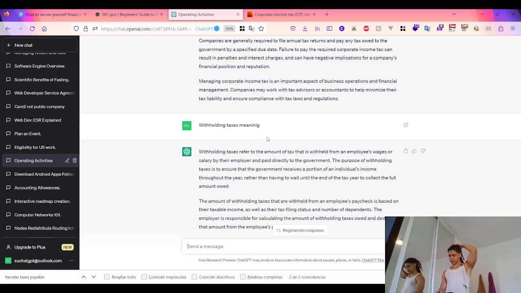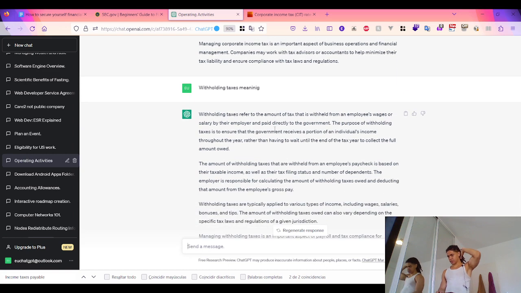Then you have withholding tax, meaning the amount of tax withheld from an employee's wage or salary by the employer and paid directly to the government. The purpose of withholding taxes is to ensure that the government receives a portion of an individual's income throughout the year, rather than waiting until the end of the year to collect the full amount owed.